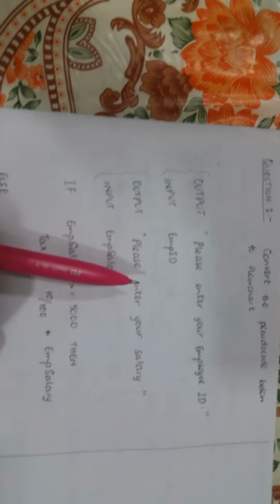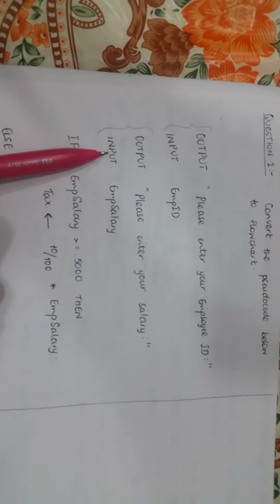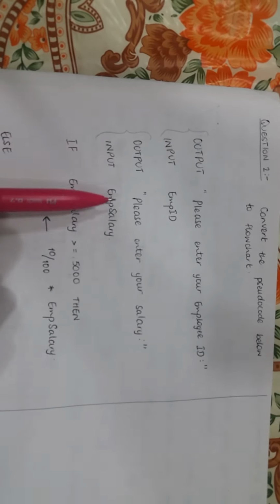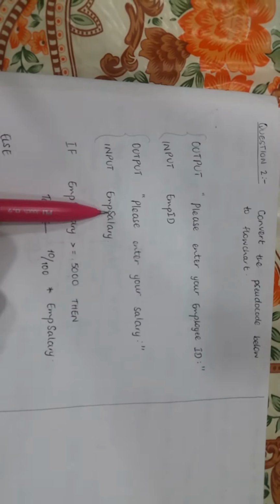Again, you tell the computer to put a message on the screen, and then the end user is going to input a value. The computer has to store it in the memory location here, name here. Next, you have if employee salary, etc., and you have whatever action has to be taken. You have the else part, whatever action has to be taken, and if.